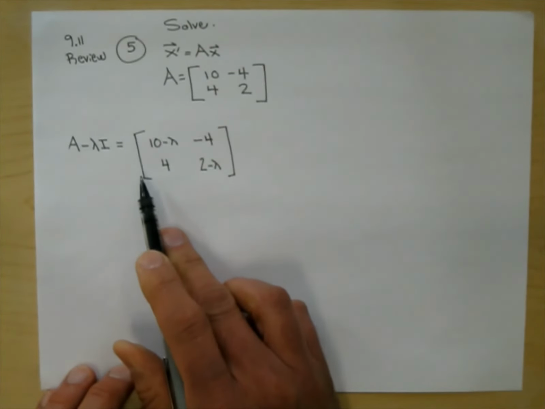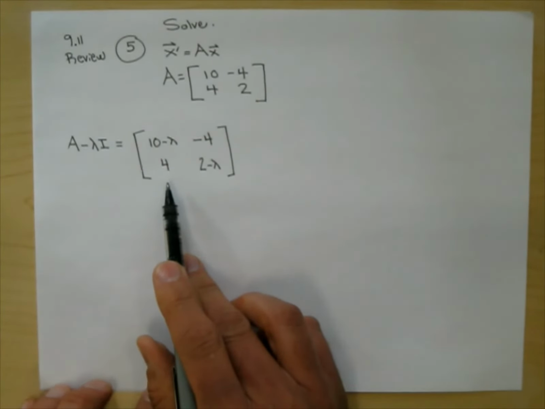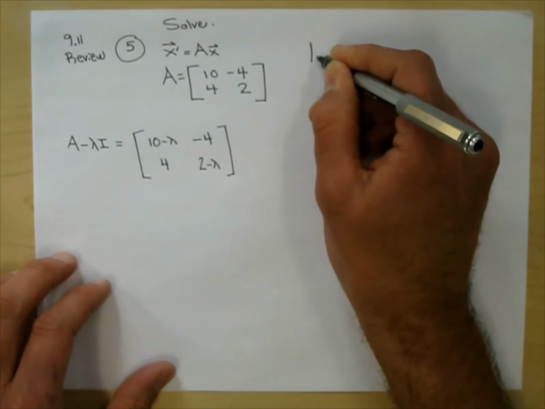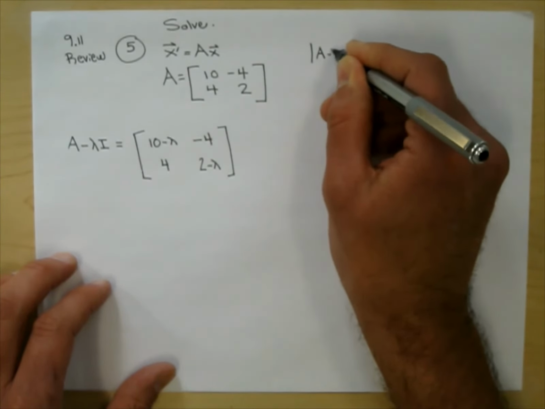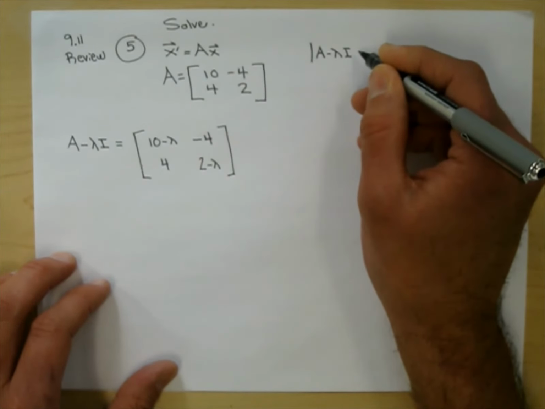So there it is. What I want to do next is find the determinant. I'll do that right up here. The determinant of A minus lambda I. This is going to get me my eigenvalues when I set it equal to 0.